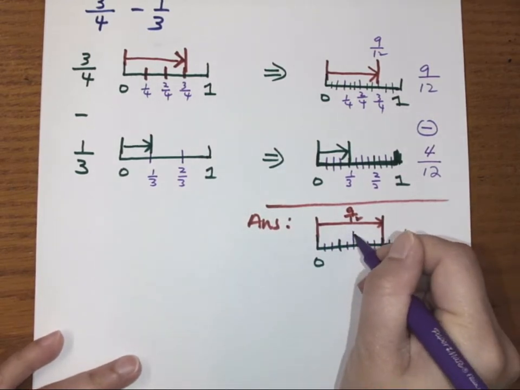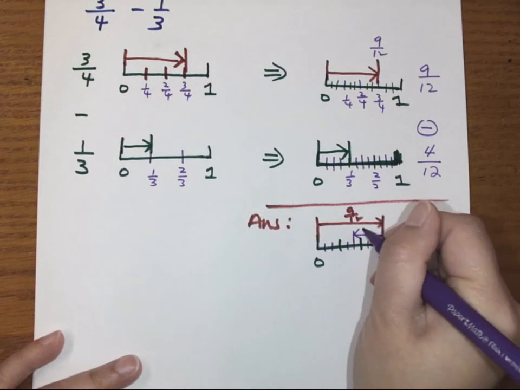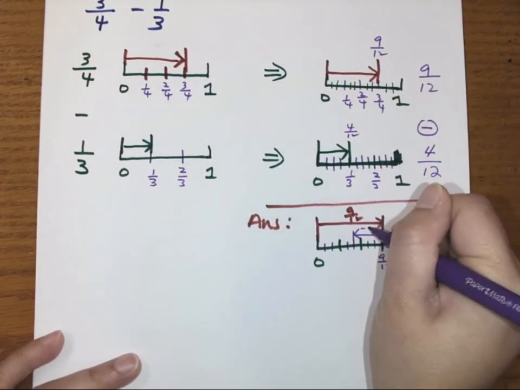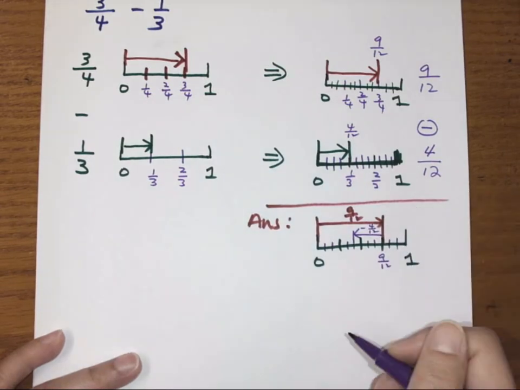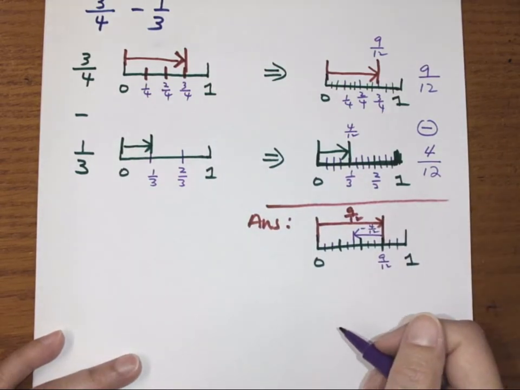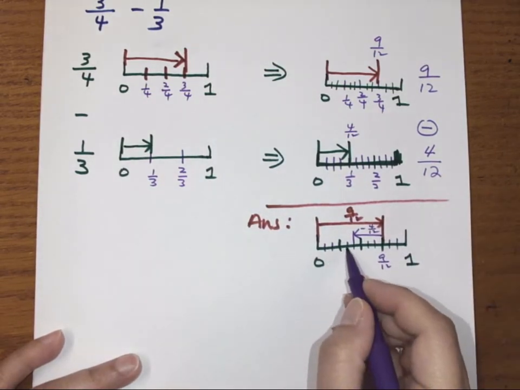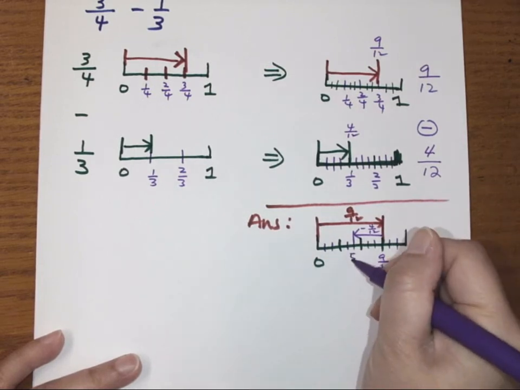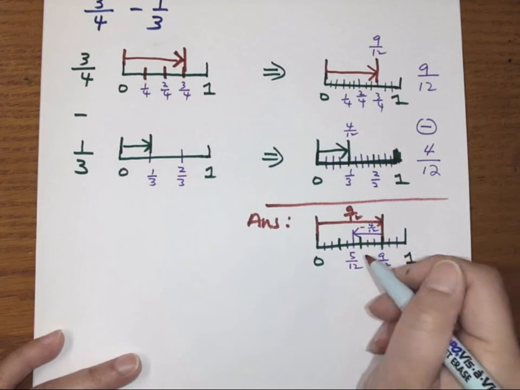So here, this is subtracting 4/12. So together, now I should be at what? 1, 2, 3, 4, 5/12. And I'm going to circle my answer here.